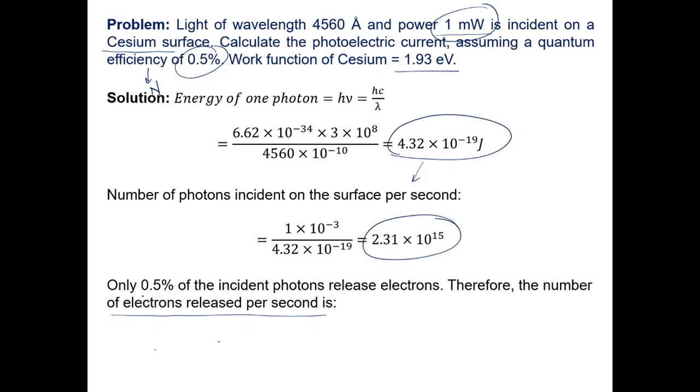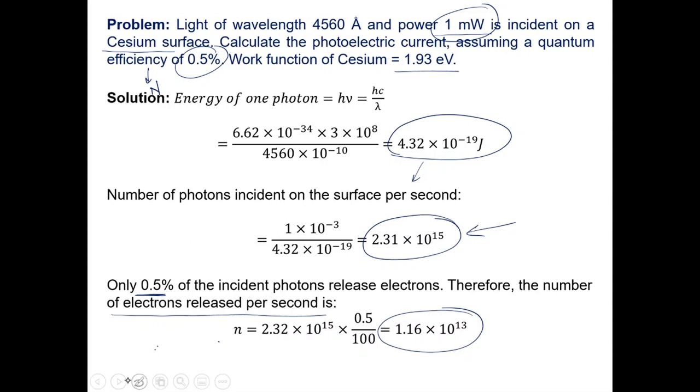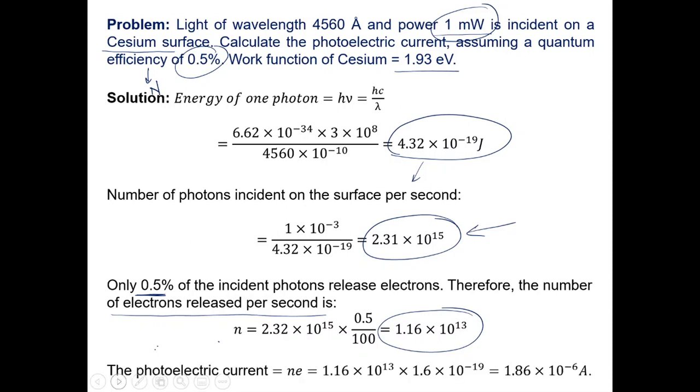Now the quantum efficiency is 0.5%, so only 0.5% of this number are going to offer you photocurrent, or release the electron. So the total number of photons which are going to offer you the photocurrent is 1.16 into 10 power 13 per second. Now the current is nothing but charge times number of electrons per unit second.